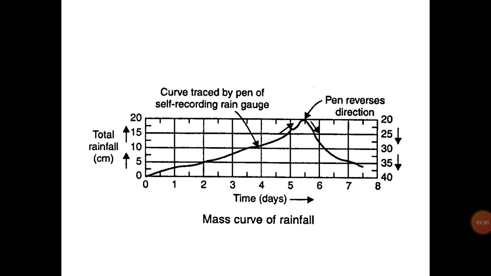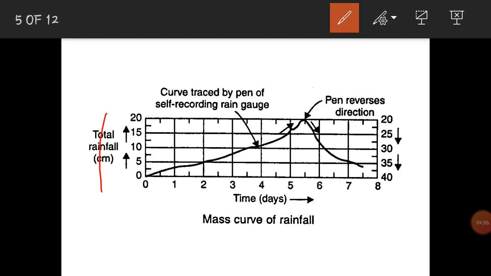On the y-axis we get accumulated or integrated rainfall, and on the x-axis we have equal time increments. This type of curve, in which one ordinate gives the accumulated values, is called a mass curve.